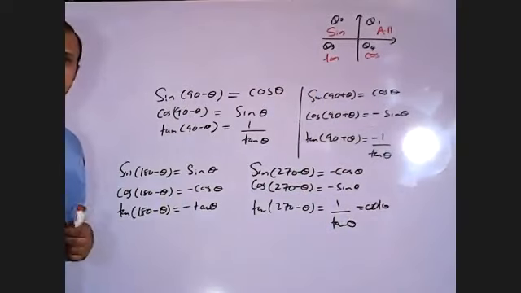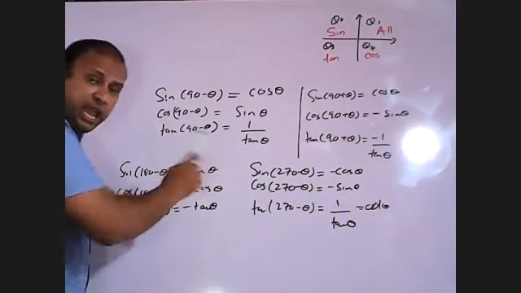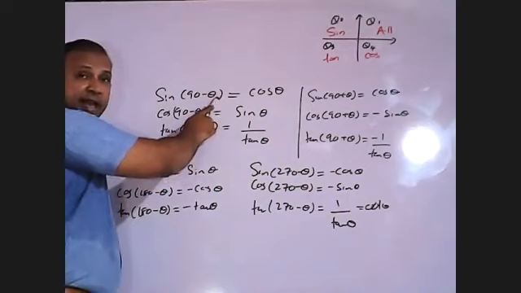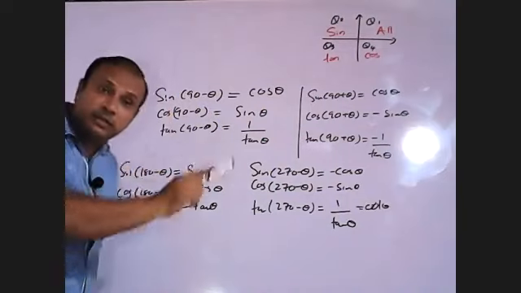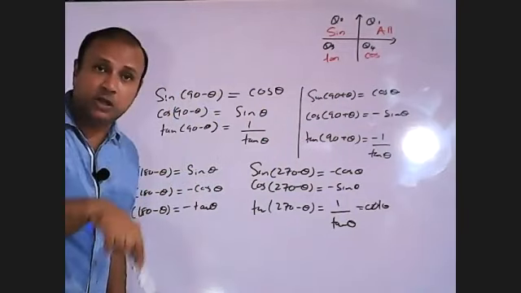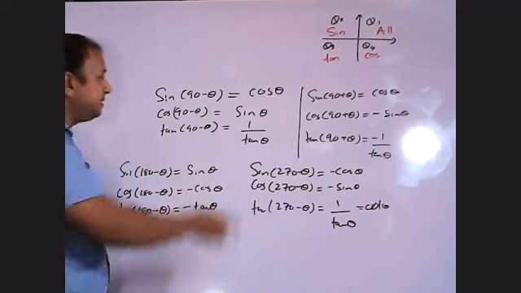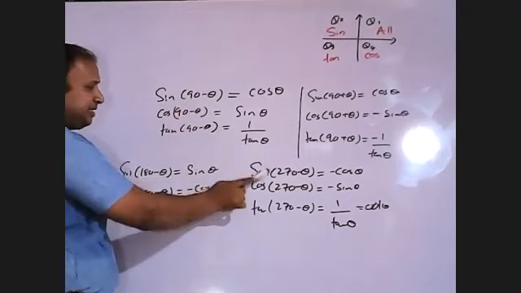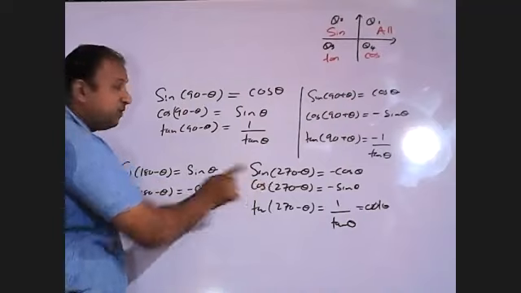Look at this again. If theta is combined with an odd multiplication of 90, that means 90 into 1, this is 90 into 3. What will happen?